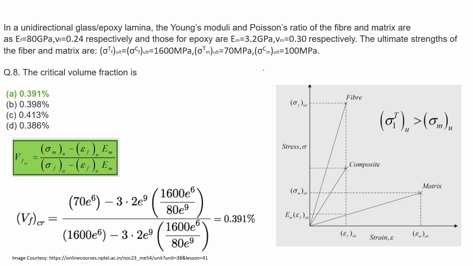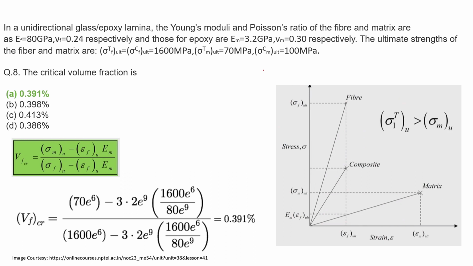The question is that in a unidirectional glass epoxy lamina, the Young's moduli and Poisson's ratio of the fiber are given as Ef equal to 80 gigapascal and mu f equal to 0.24 respectively. And those for epoxy are Em equal to 3.2 gigapascal and mu m equal to 0.3 respectively. Ultimate strengths of the fiber and matrix are given.